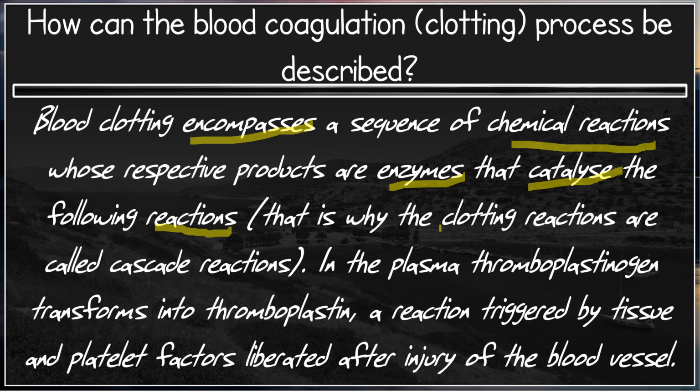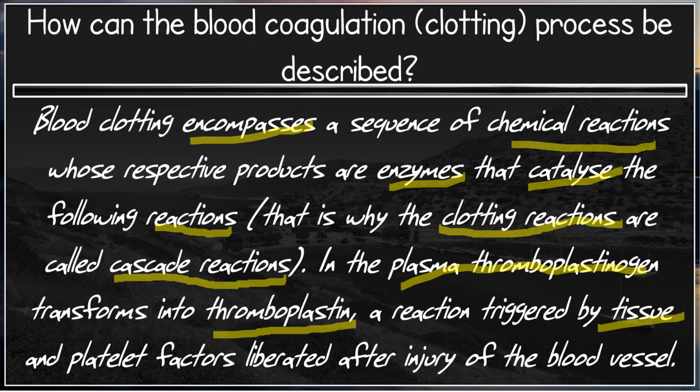That is why the clotting reactions are called cascade reactions. In the plasma, thromboplastinogen transforms into thromboplastin, a reaction triggered by the tissue and platelet factors liberated after injury of the blood vessels.